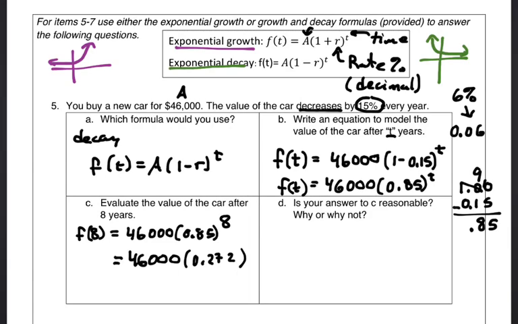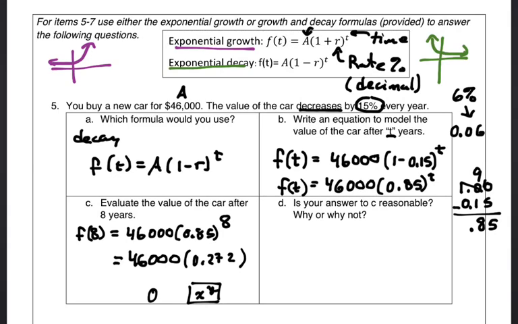And I suggest that you try this on your own to see if you get the same number as I do, so you know that you're doing the power correctly. Now, on your iPhone, the button that you want to use, I think it might be the same for the Android, if you want to say 0.85 to the power of 8, you use a button that looks like this. It says x to the y power.